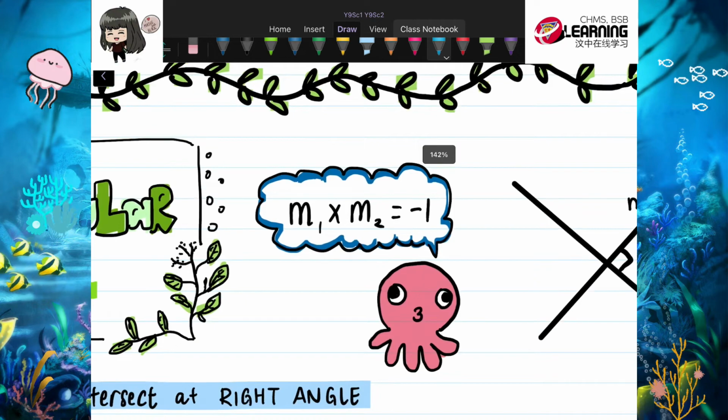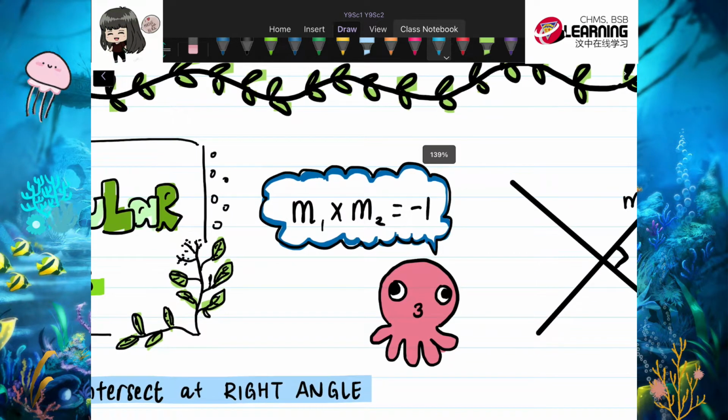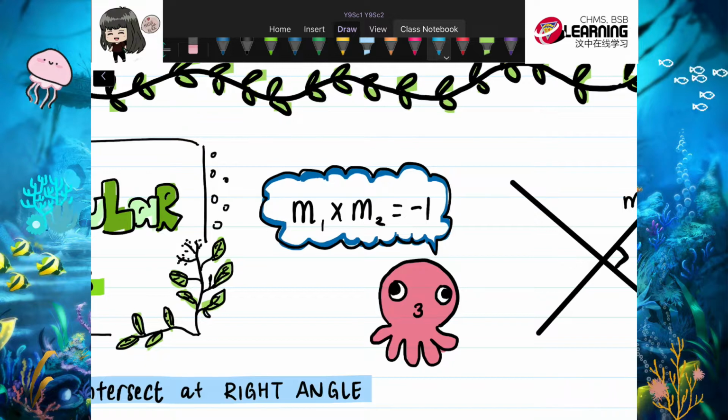Look at this octopus here. It says m1 times m2 equals negative 1. So when we have two lines that are perpendicular to each other, when we multiply this gradient and the other gradient together, we get negative 1. Unlike parallel lines, where m1 equals m2, they are exactly the same.